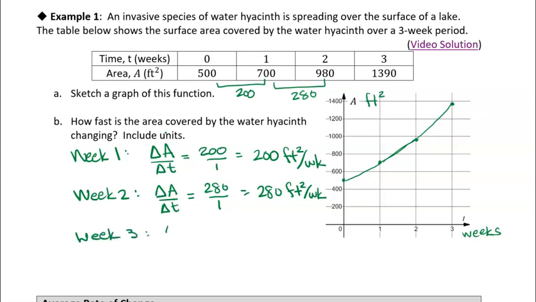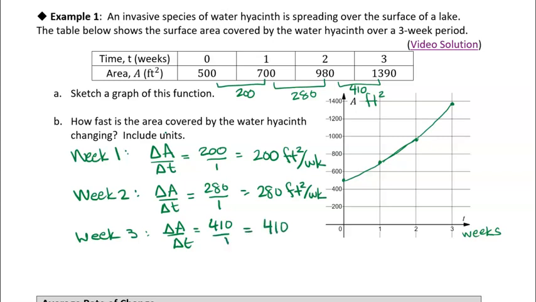All right, I could also look at week 3, right? Look at the change in the area over the change in time. Okay, so that's a 1 week period. And in this case, if I look at that difference between 1,390 minus 980, I get 410. All right, so that's a big jump, right? We went up 410 square feet in a 1 week time period.